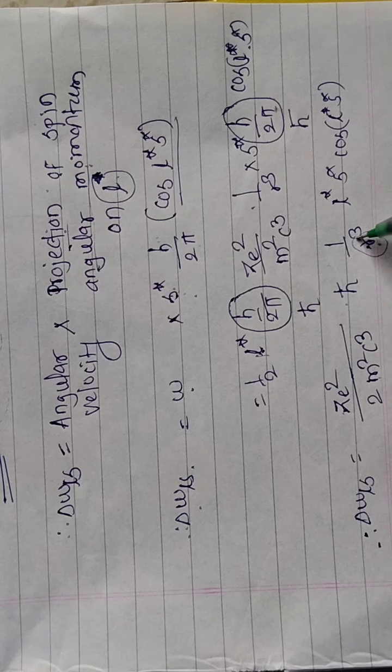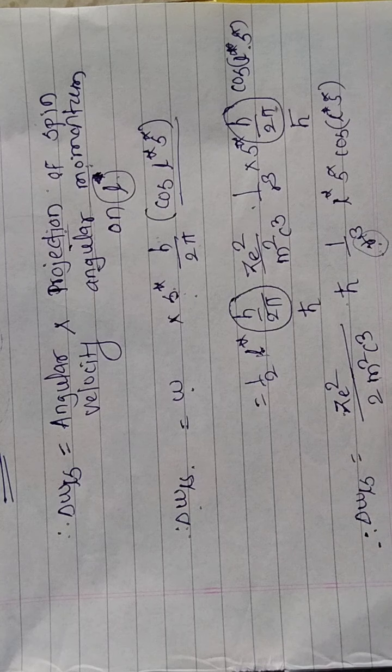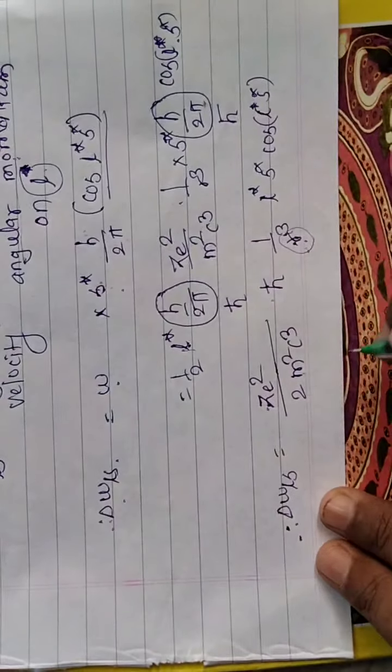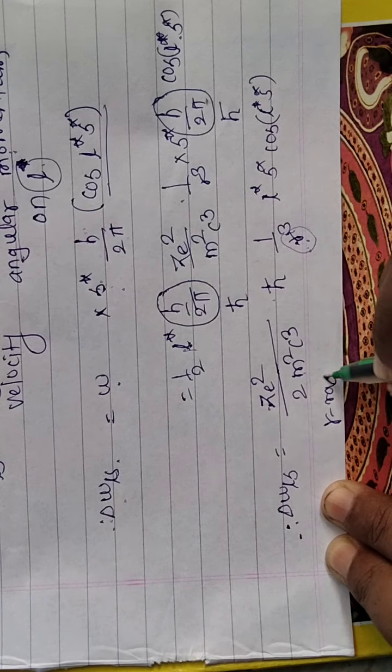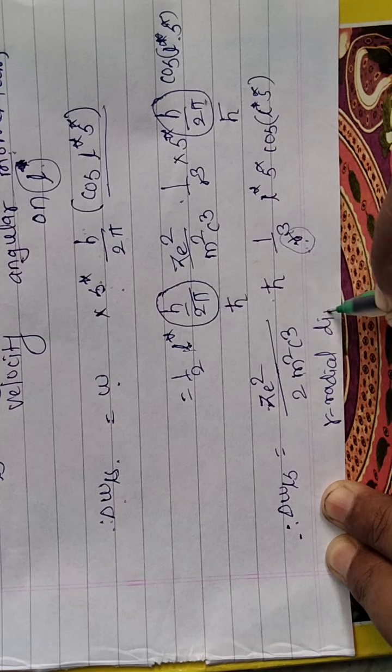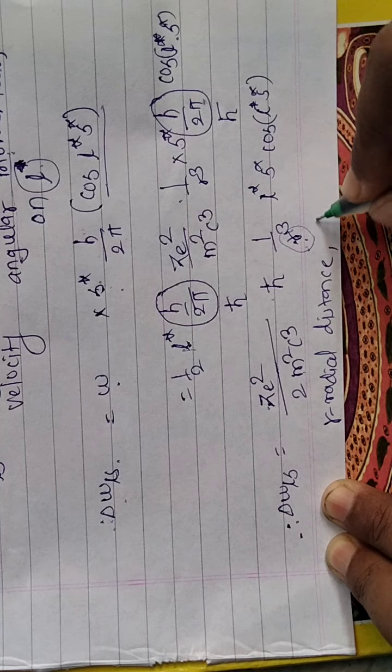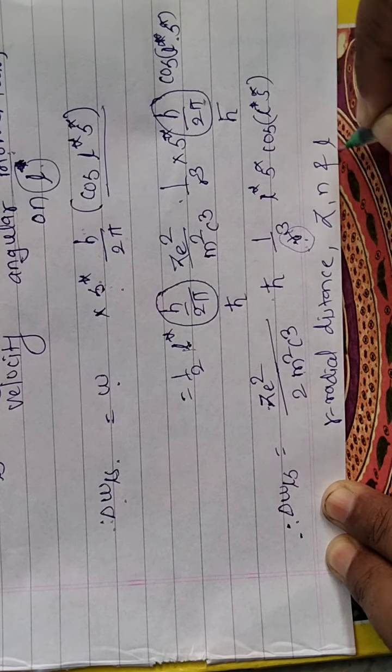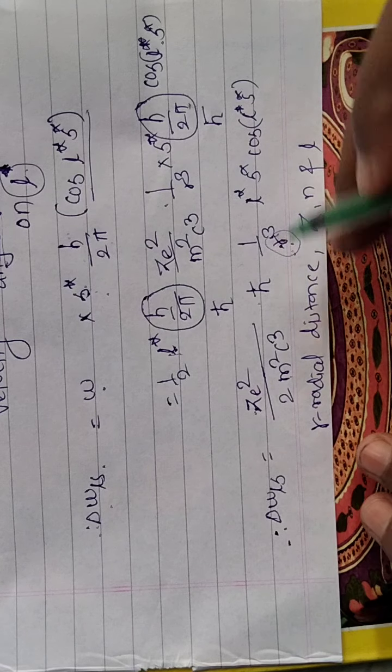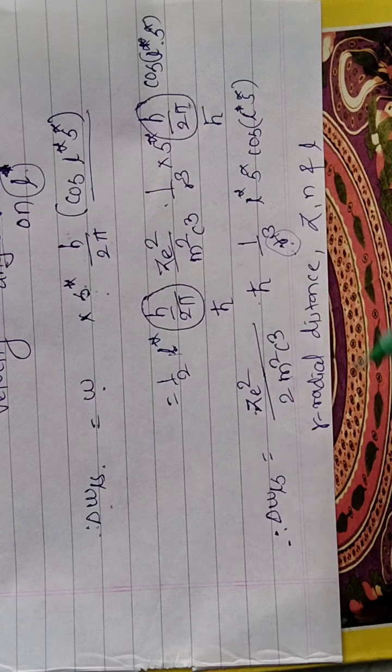So this radial distance is a function of z, n and L. It changes continuously in any given state. Okay, this is the radial distance, and it changes continuously, since the interaction energy is very small.